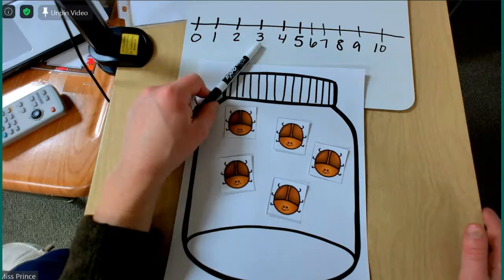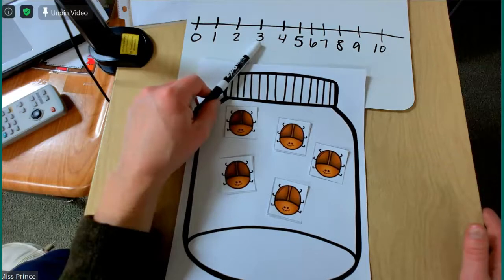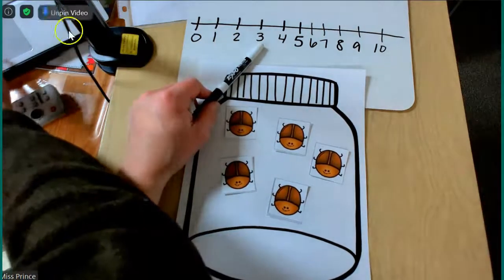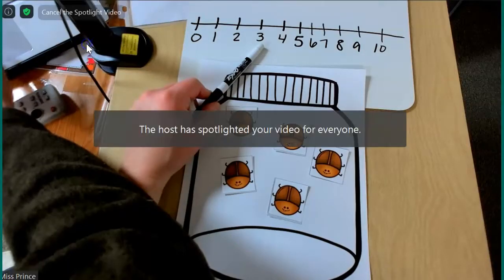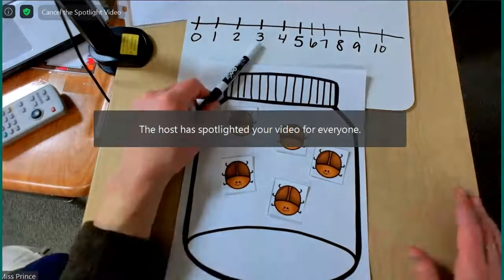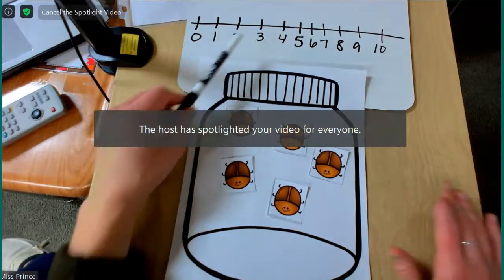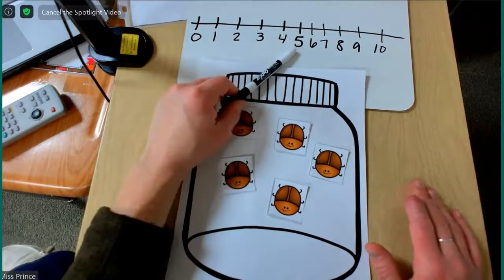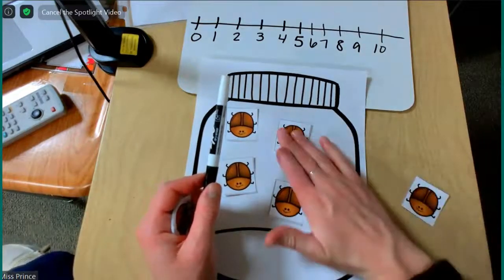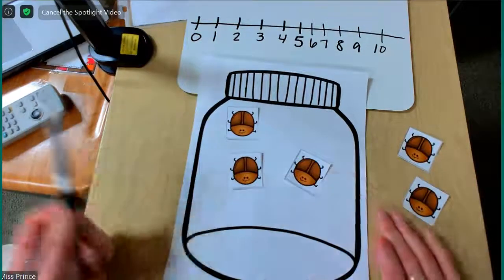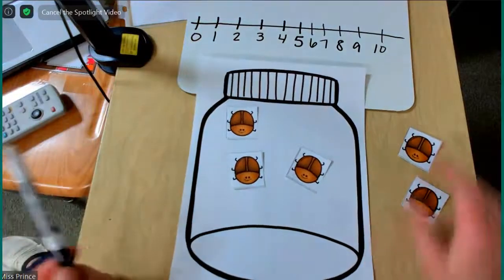See where I'm pointing? 3. Let me make sure my video is spotlighted so you guys can all see it. Okay, so I have my 3 here. So if I started with 5 and I want 2 fewer, that means I'm going to get rid of 2. 1, 2. So now I have 3, just like Mason said.